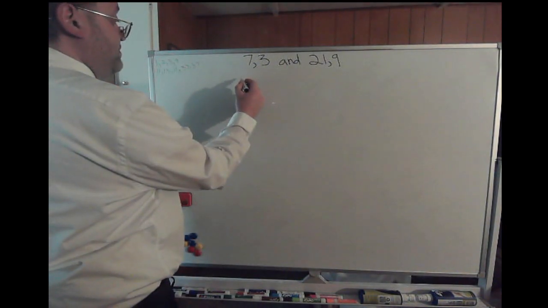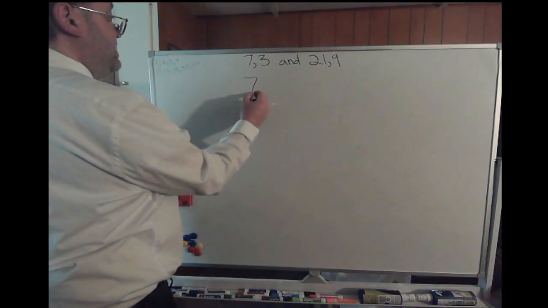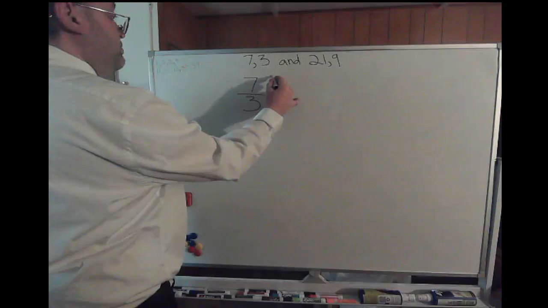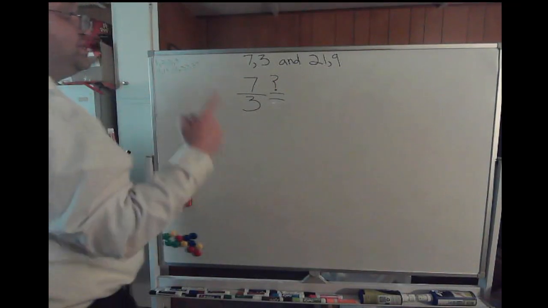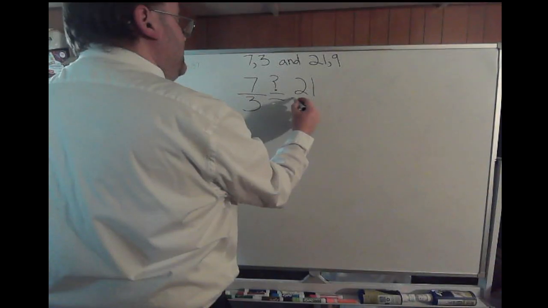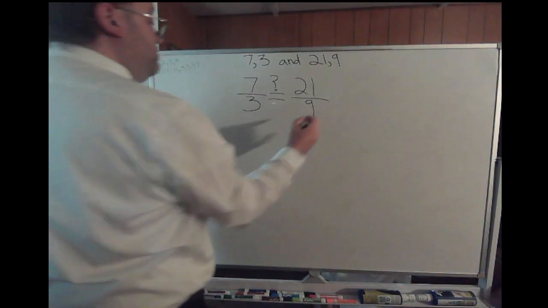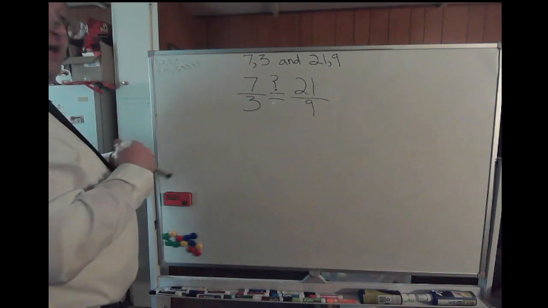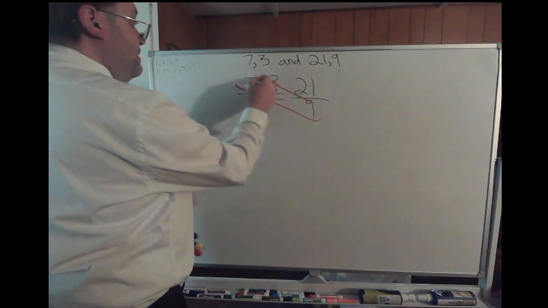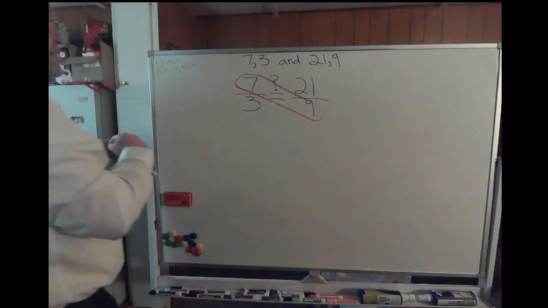So of course the first pair, your numerator is 7, your denominator is 3. Is that equal to, or is it proportional to the second pair with the numerator being 21 and the denominator being 9? Well, let's find out. Again, you're going to take your cross products, so you'll have 7 and 9. So you'll do 7 times 9.